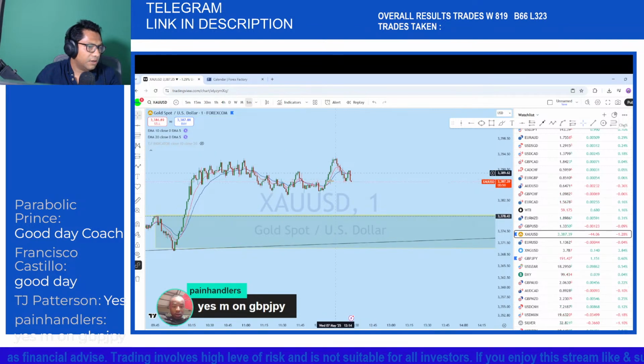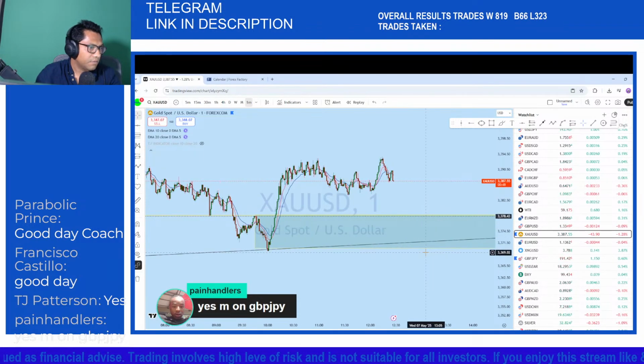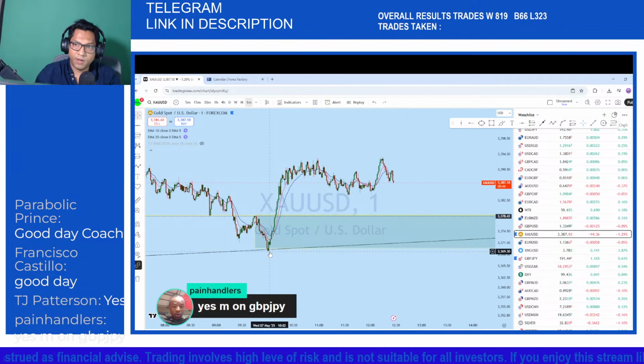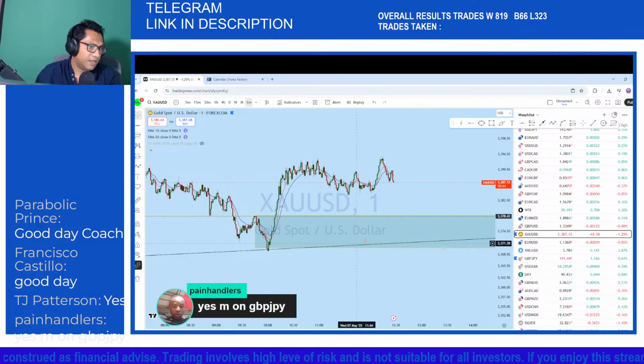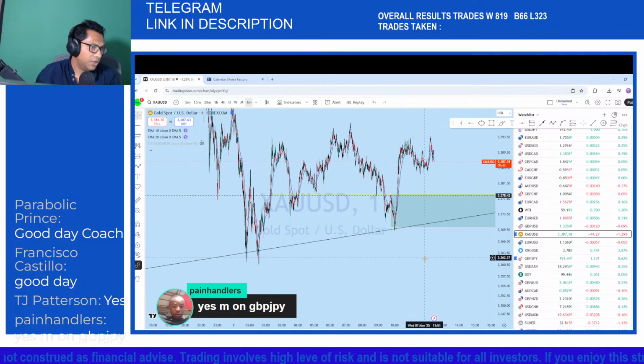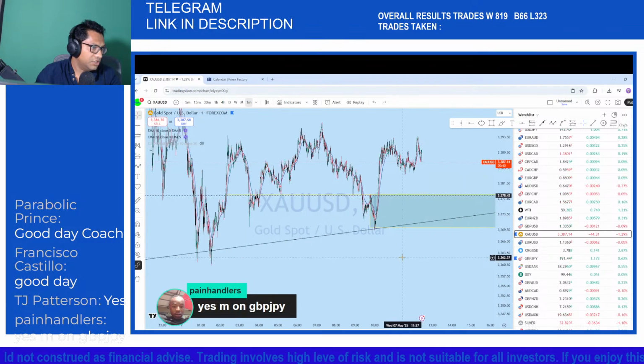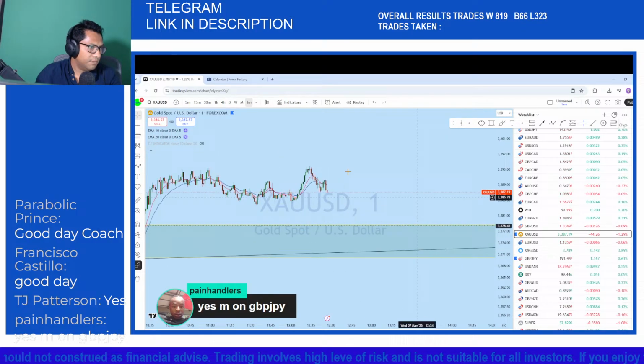And you can see it's creating a structure. Would like to see it dropping back to that order block. That's the zone where we will be looking for a potential entry once the market managed to break below.